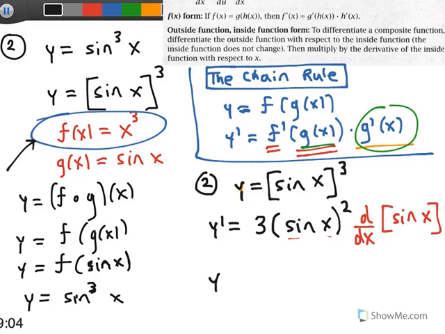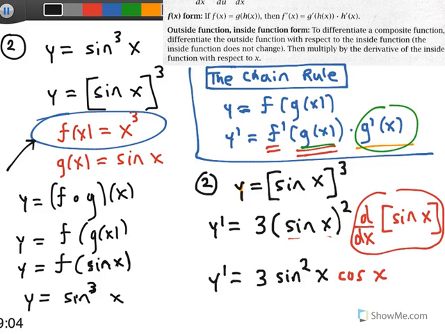So now you're going to write, we know the derivative of the sine function is cosine x. So we're going to have 3 times sine of x squared, which you can also write as sine squared x. And then the derivative of sine is cosine, so I'll write that in red just so you can see that it's coming from there. And there's our final answer for number 2.